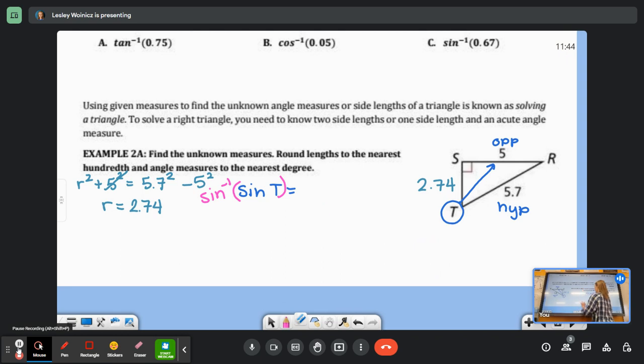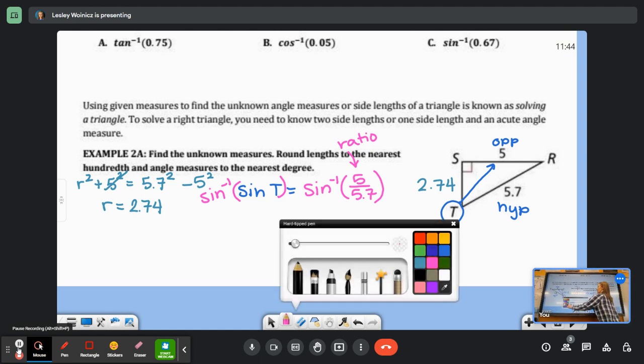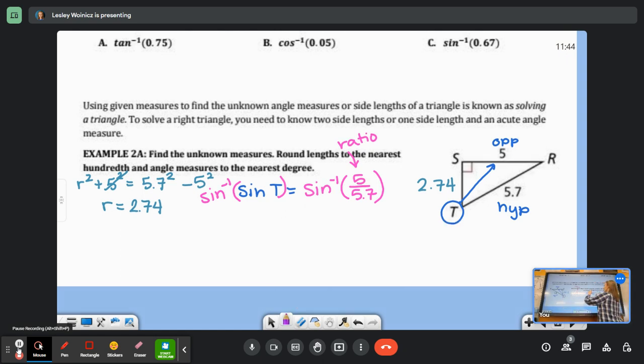So I'm going to take the inverse sine of 5 over 5.7. I'm taking the inverse sine of a ratio, and what is it going to spit out at me? An angle. Look at this: the sine and the inverse sine undo each other, and we're left with angle T.